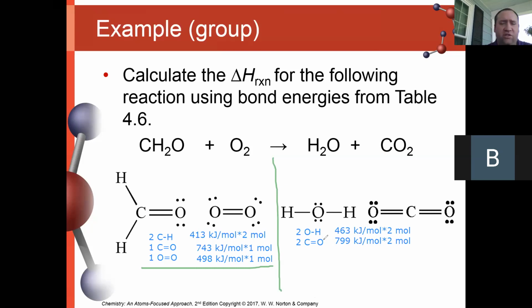I personally am not sure of the reason, but I do know that that phenomenon exists, and that's why we have a different value, 799, for carbon dioxide compared to the rest of carbon oxygen, which is usually 743. So there is a little bit of a twist in there. There's a little bit of a trick that you have to be able to reconcile in order to get the right answer here.